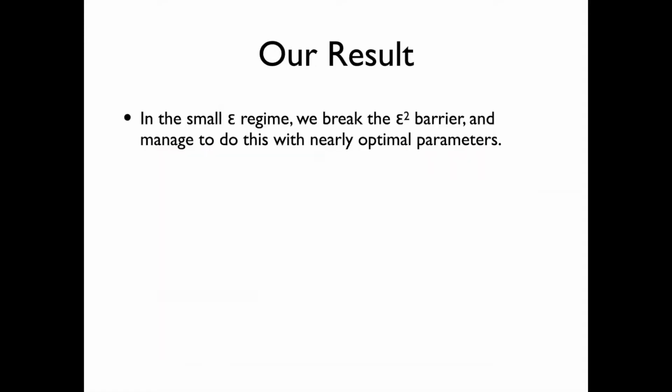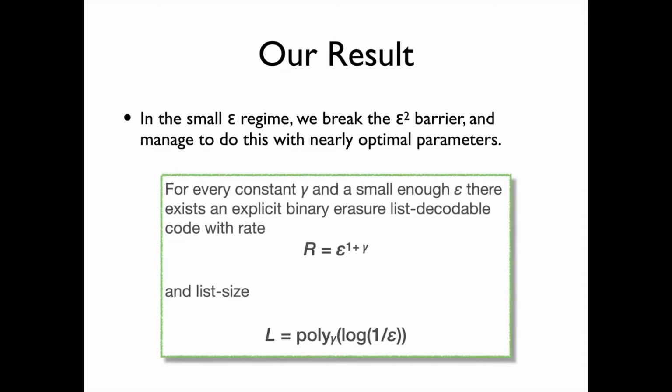So in the small epsilon regime, we break the epsilon squared barrier and manage to do so with nearly optimal parameters. So for every constant gamma and a small enough epsilon, there exists an explicit binary erasure list-decodable code with rate, as I mentioned, epsilon to the 1 plus gamma, and list size polylog 1 over epsilon.